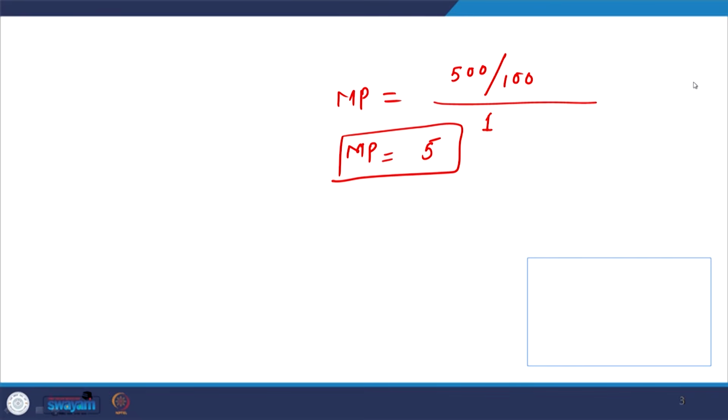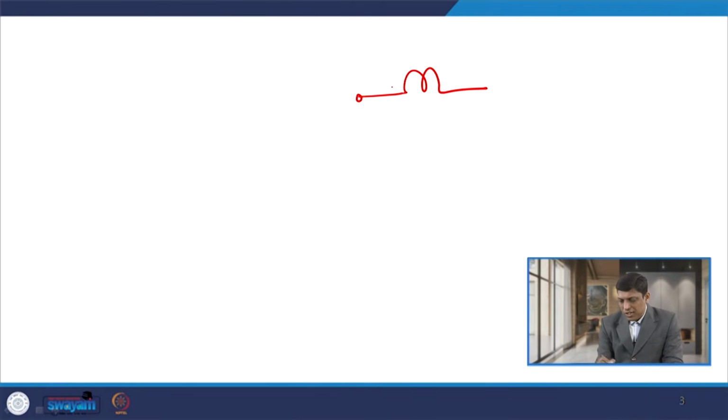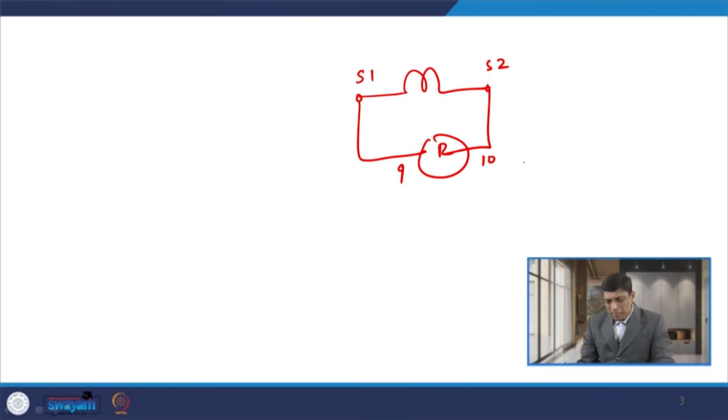Now, what is this CT shorting switch? Whenever, as I told you earlier, CT has two terminals on the secondary side, S1 and S2, and I connect the relay coil across these two terminals. Let us say the relay terminal numbers are 9 and 10 for an electromechanical relay.